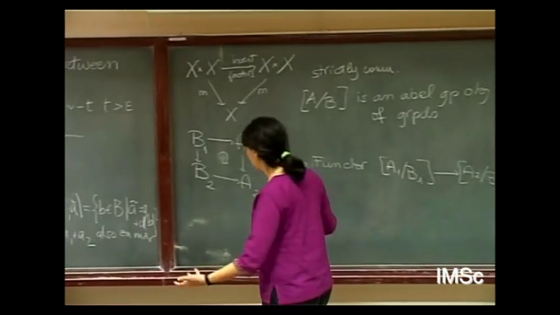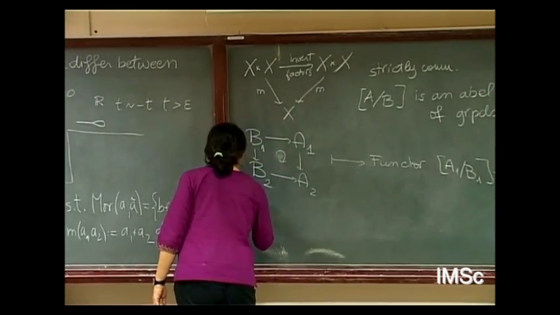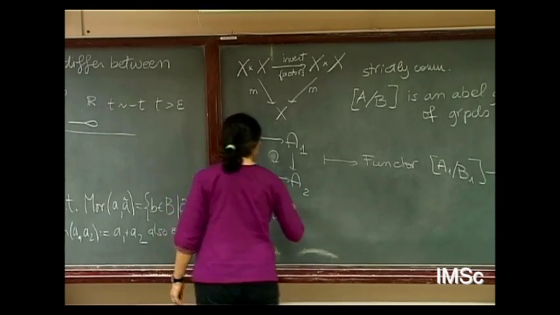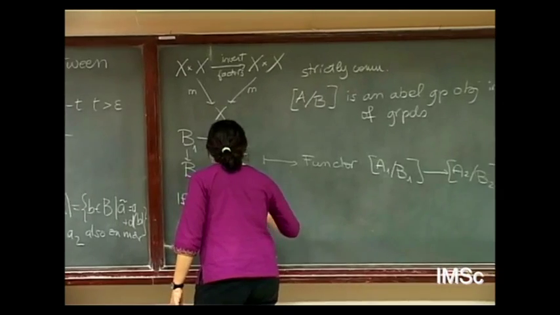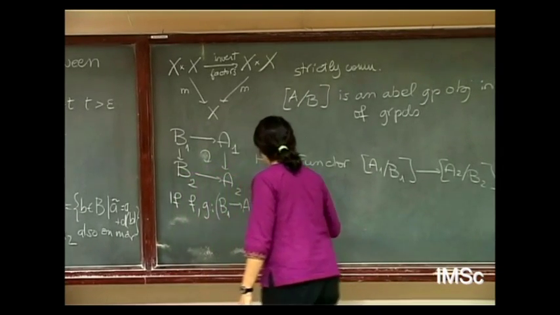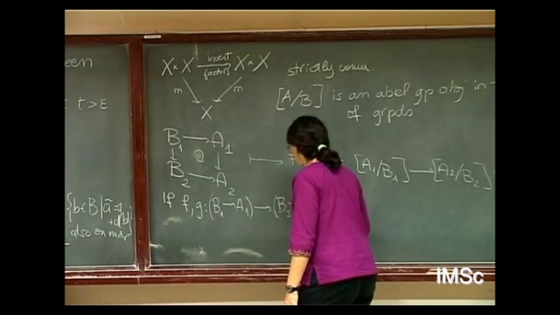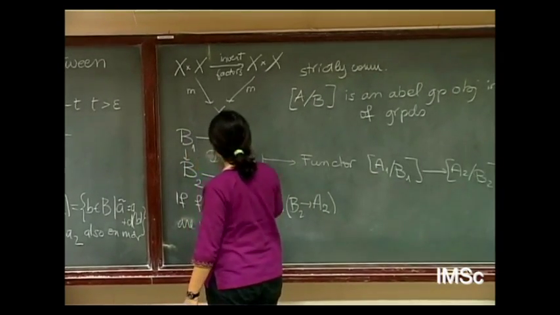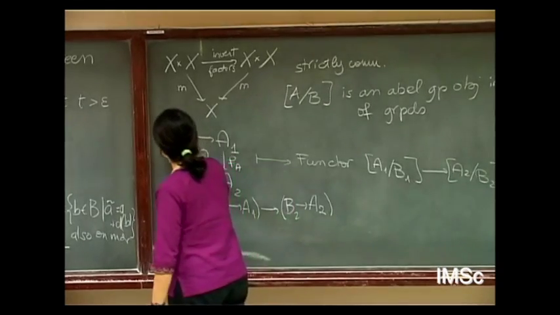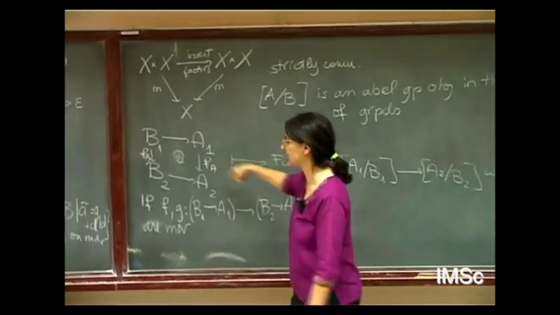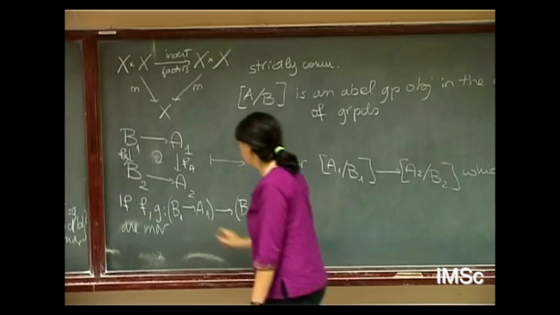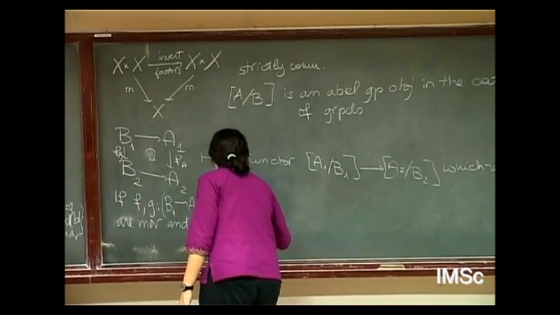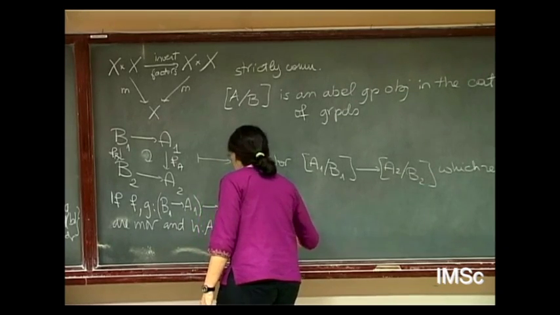And then the other easy exercise is that if f and g from B1 to B2 are morphisms, as in here, so it means that there is an f_A and an f_B, which makes the diagram commute, and the same for g, and h from A1 to B2 is a homotopy.